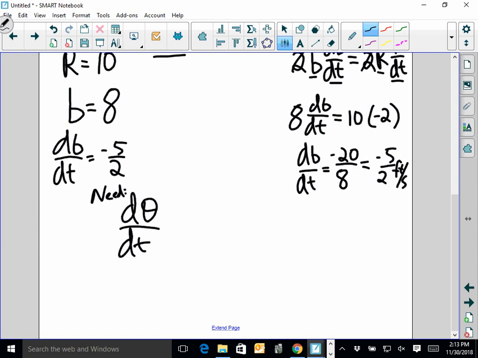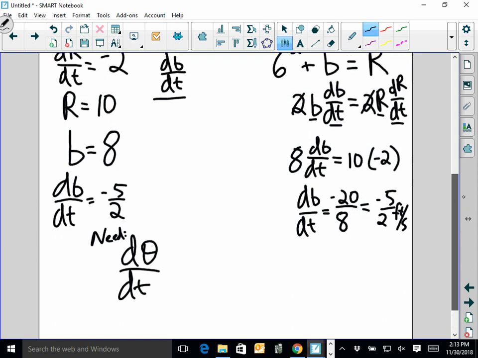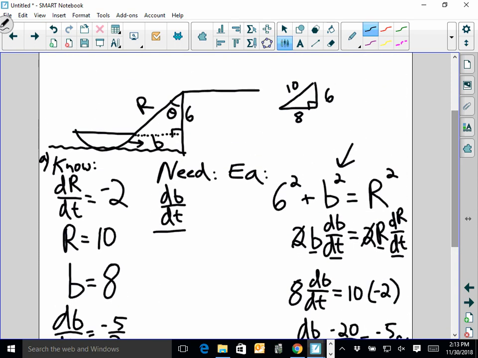And let's take a look at our picture to figure out which one would be better, sine or cosine. Now, up here we have theta, right? So sine is opposite over hypotenuse. The problem with that is both the opposite and the hypotenuse are variables. So if I use sine theta, I have to say sine theta equals b over r. So when I do the derivative, I'm going to have to do a quotient rule.